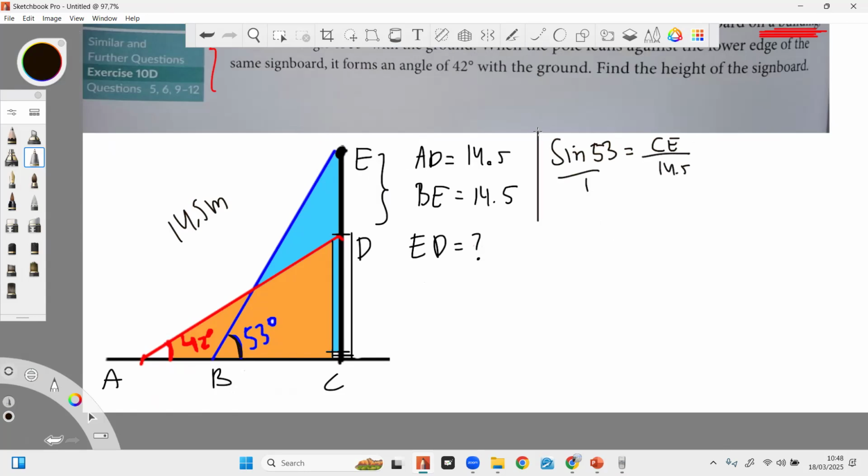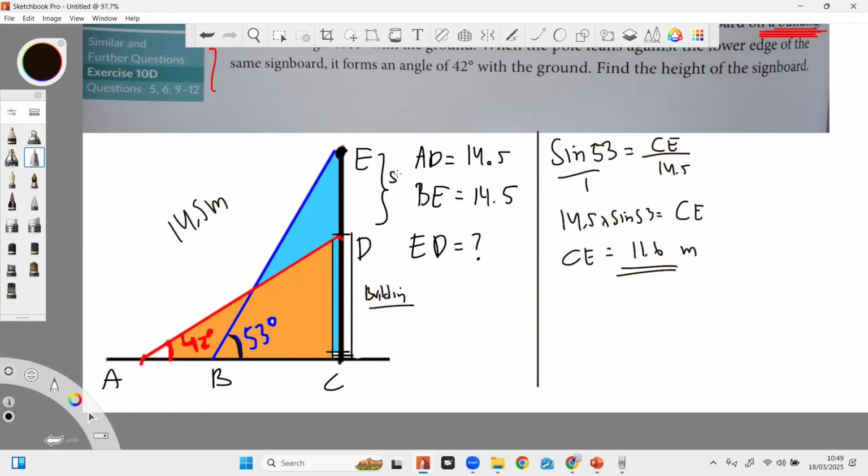Then cross multiply. 14.5 times sine 53 equals CE. What is CE then? 11.6, thanks. 11.6 meter. The height of the building and also the signboard.